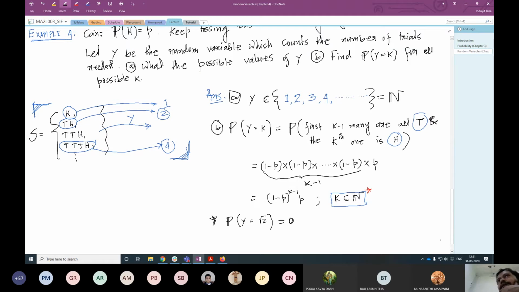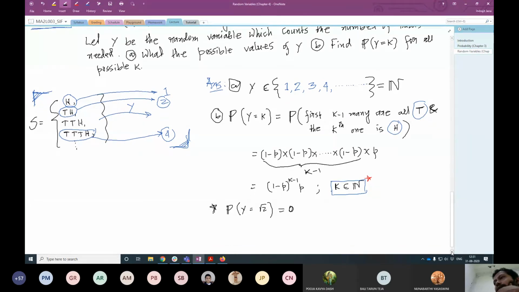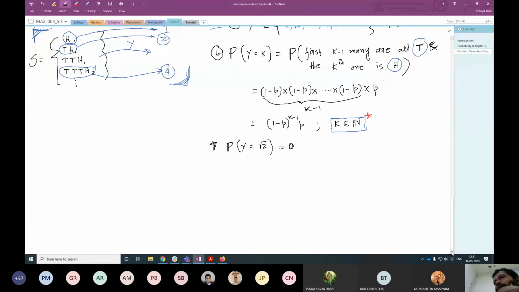So this is example 4. Does anyone know the last example? In the previous two problems that we have done, I have done something which I have not pronounced.